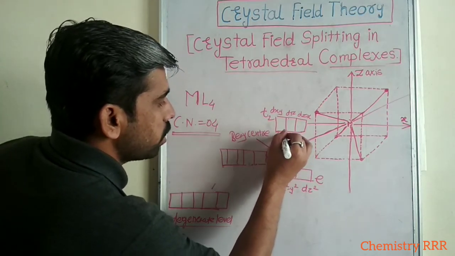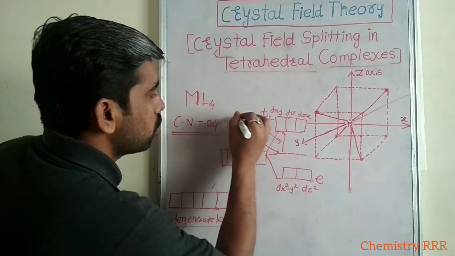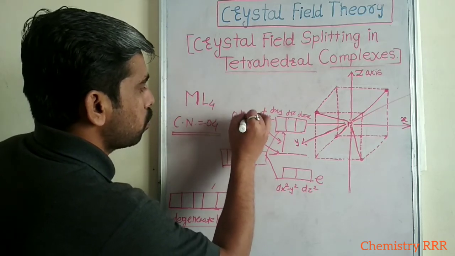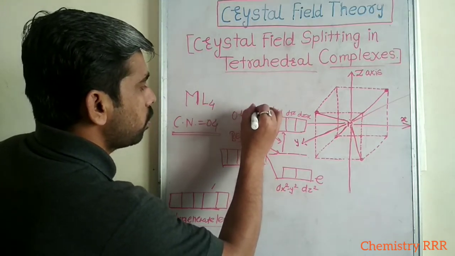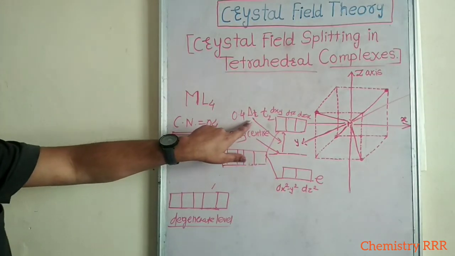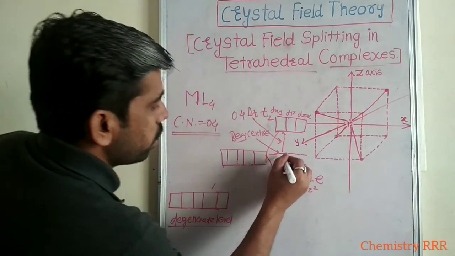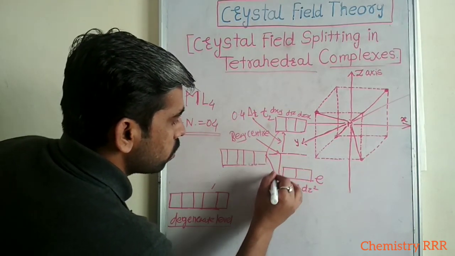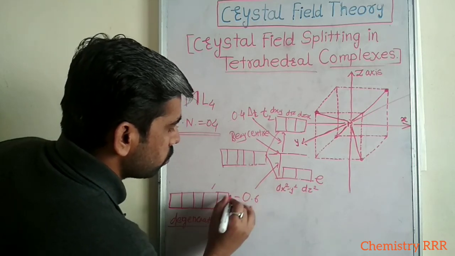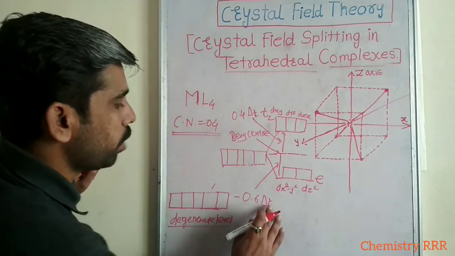The T2 set rises in energy by 0.4 delta tetrahedral, and there is a stabilization of the E set by 0.6 delta tetrahedral. Okay.